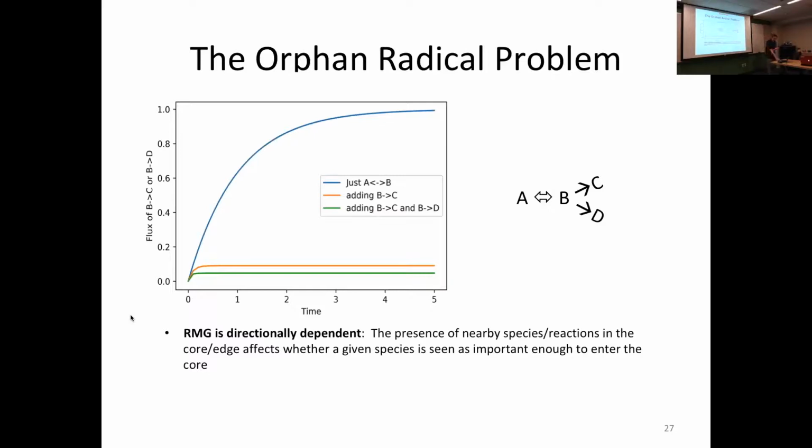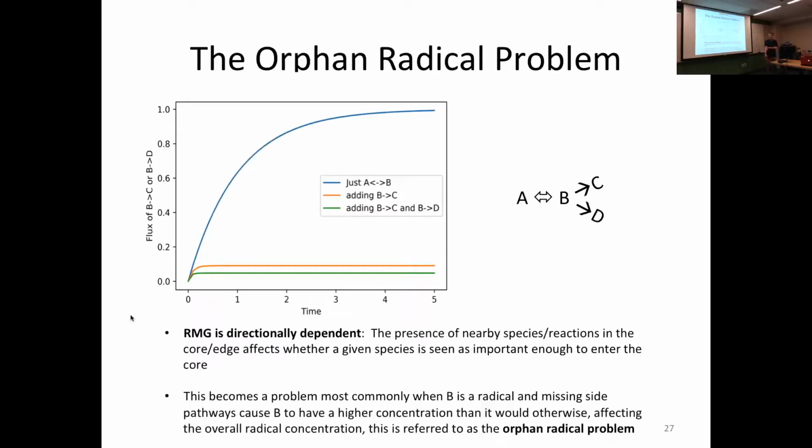The most common example of this problem that we've observed is that B is some radical. Because we're missing the side pathway, the side pathway flux has dropped to this, and we get the concentration of B incorrect, lower than it otherwise would be. And this is called the orphan radical problem.